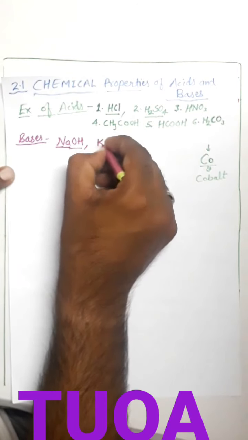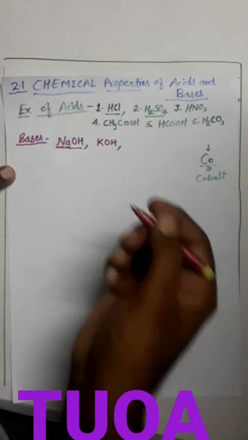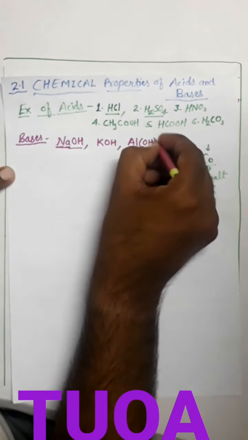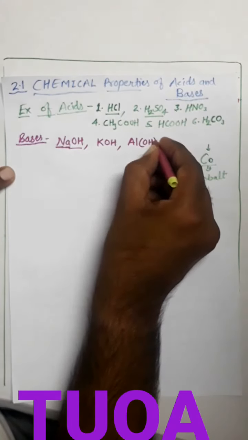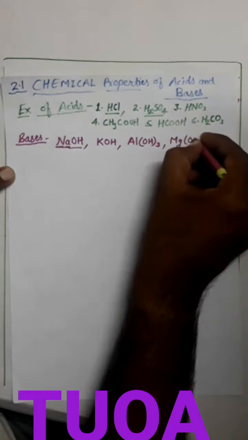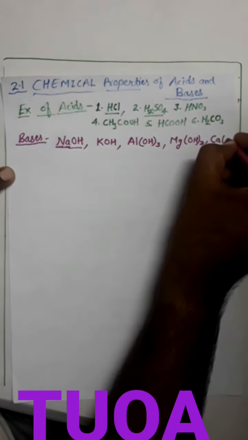Then next one is potassium hydroxide. Then there is aluminum hydroxide, Al(OH) whole thrice. Then next one is magnesium hydroxide, Mg(OH) whole twice. Then calcium hydroxide, Ca(OH) whole twice.